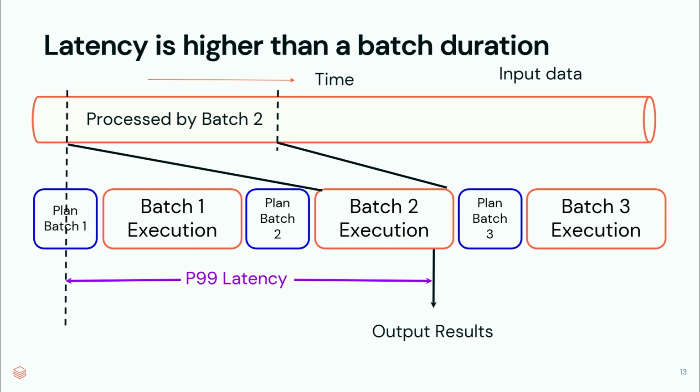The worst case is data that arrived at the beginning of the previous batch. Furthermore, because the output is mostly generated at the end of the batch, we sometimes see latency close to two batch durations.